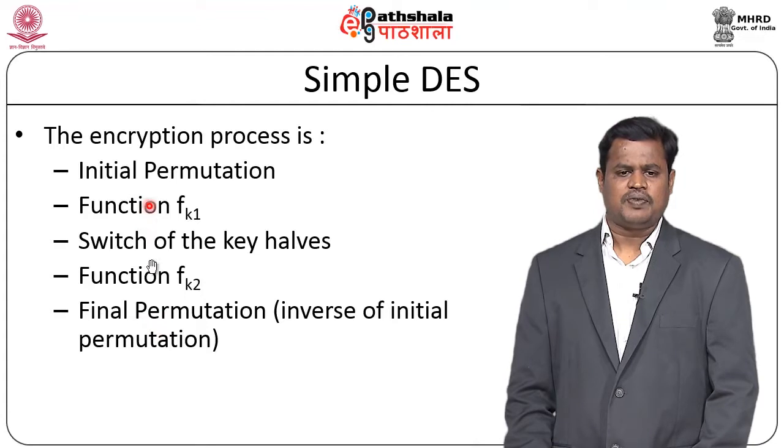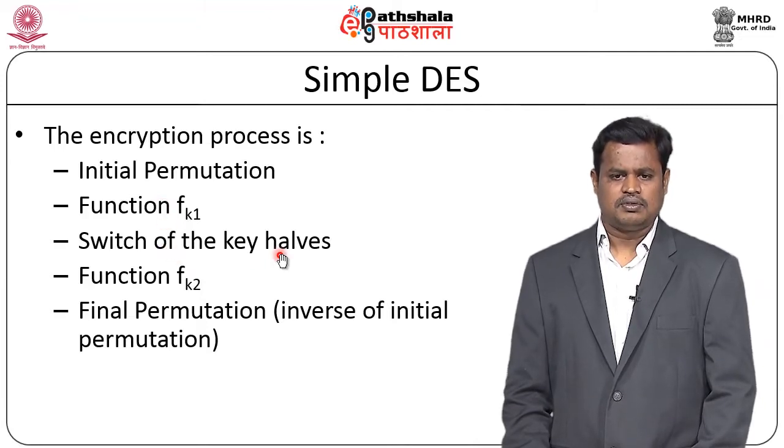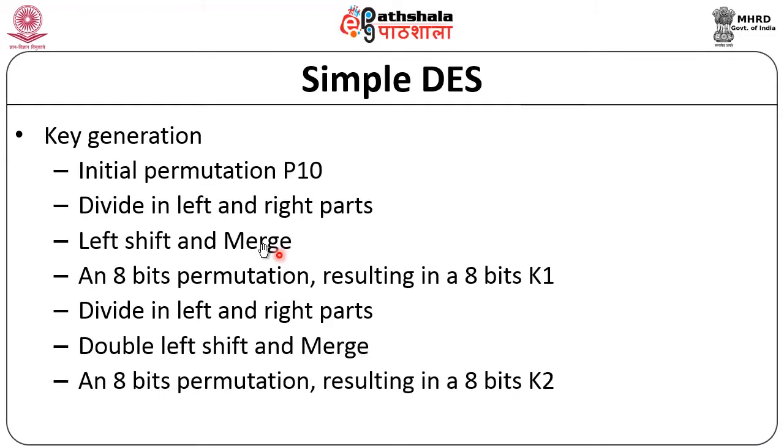Within the initial and final permutation, we have functions, which we can call a Feistel function, and the switch of the key halves, which is the key generation process. During key generation, there is an initial permutation P10 that divides the left half and right half, and then an 8-bit permutation resulting in an 8-bit key.